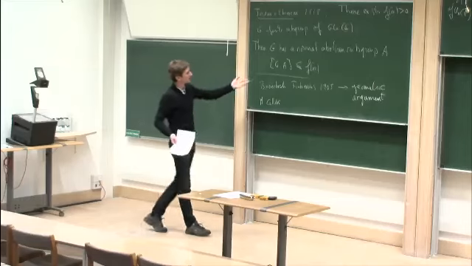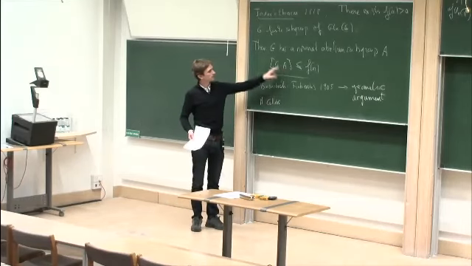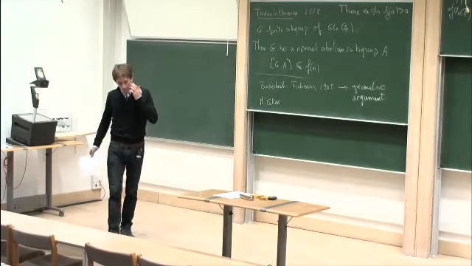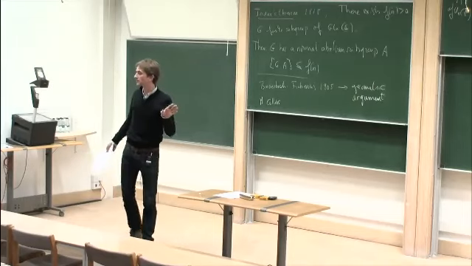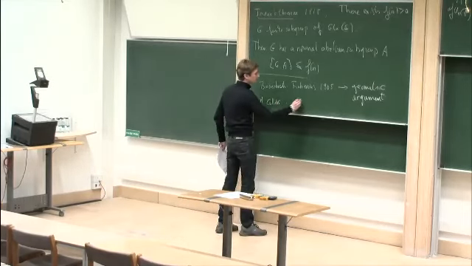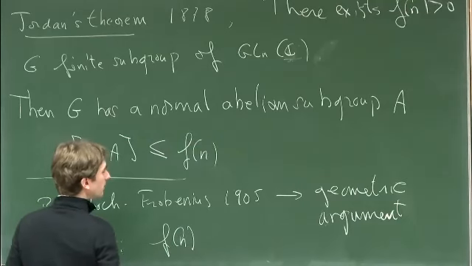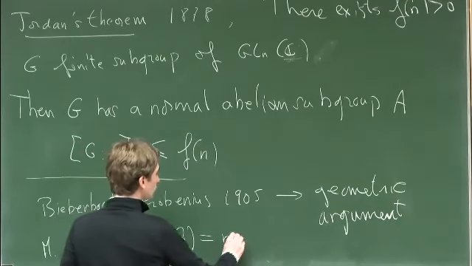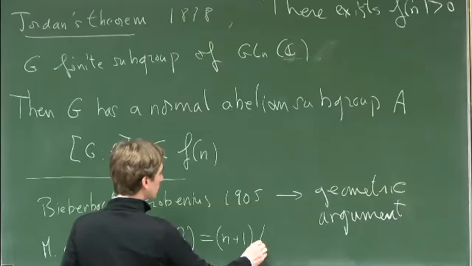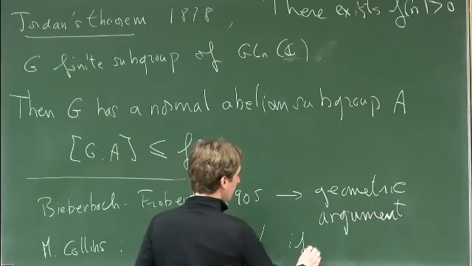we know that Sn does not have abelian subgroups of large index. So this is the worst case. Okay, and this is what Collins established. So he proved that f of n can be taken to be n plus 1 factorial as soon as n is large enough.